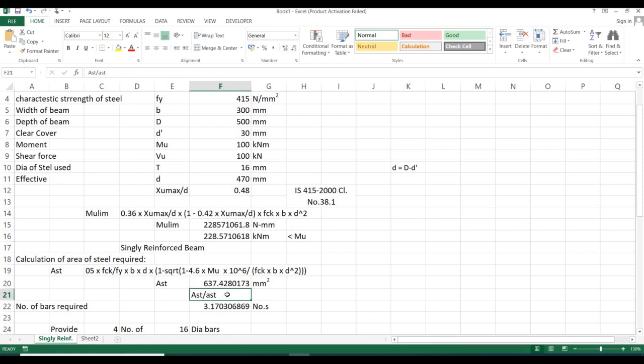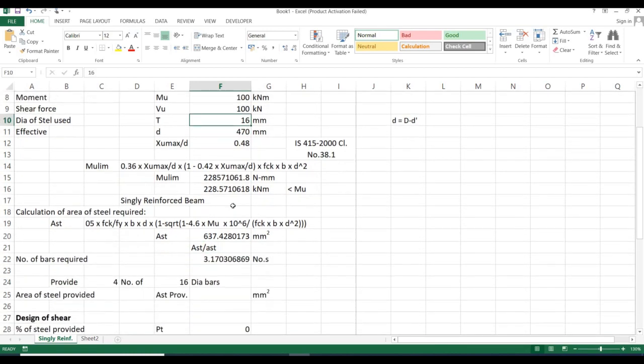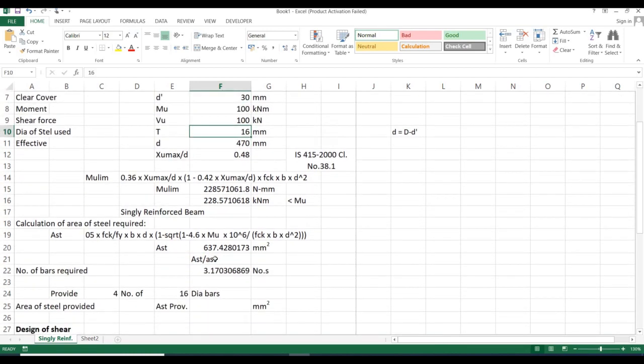Here I have already assumed the diameter of the bar, that is 16 mm, so using this I can easily calculate it.